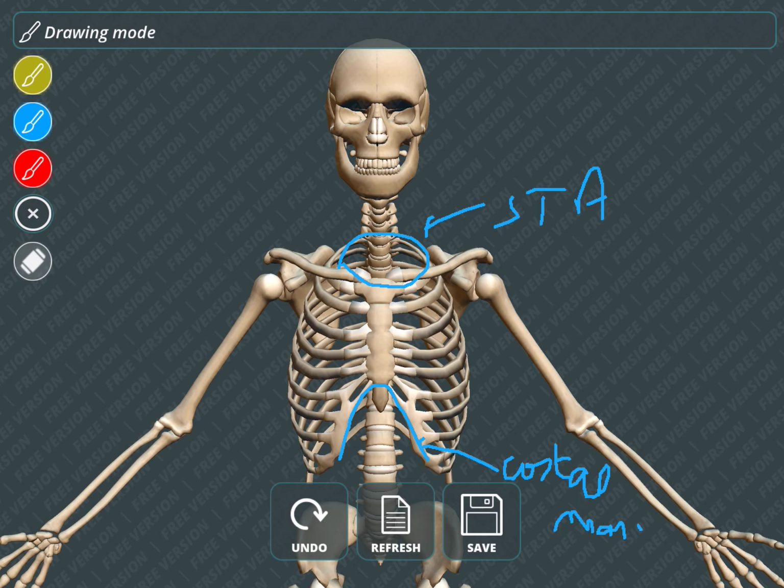Also we have laterally, the lateral borders of the thoracic cage is formed by the ribs, okay. 12 ribs on each side forming the lateral walls of the thoracic cage. And lastly we have this bone here, the sternum. It's what borders the thoracic cage anteriorly. It is located at the midline and bordering the thoracic cage anteriorly, okay.